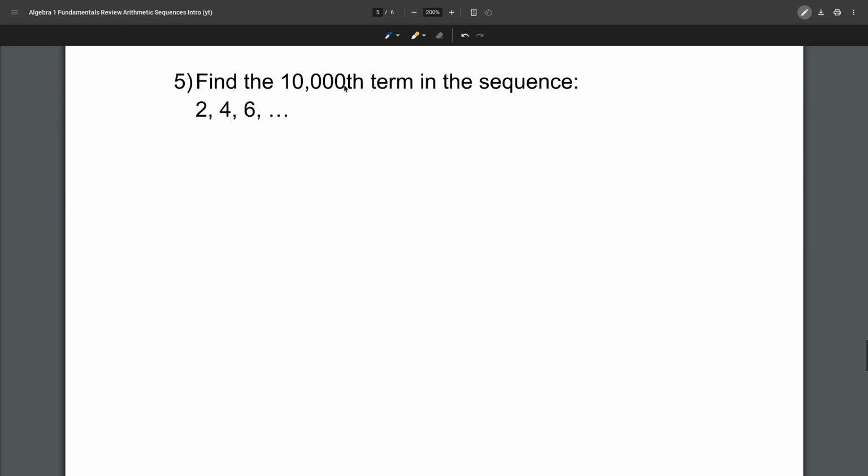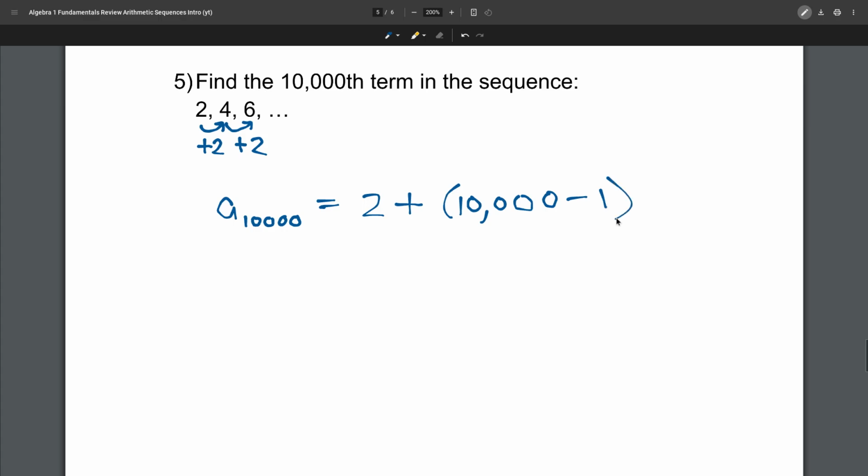Find the 10,000th term in the sequence. So we start at 2, we add 2, then we add 2 again, and we keep going that way. So a sub 10,000 equals the first term 2 plus 10,000 minus 1 times 2.